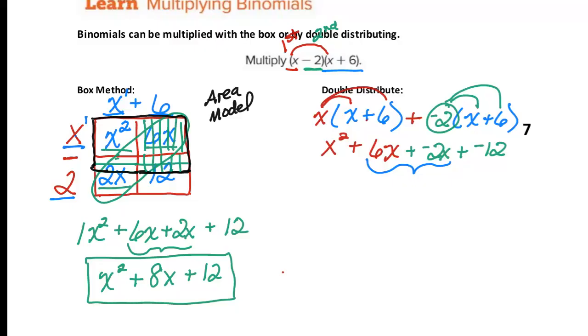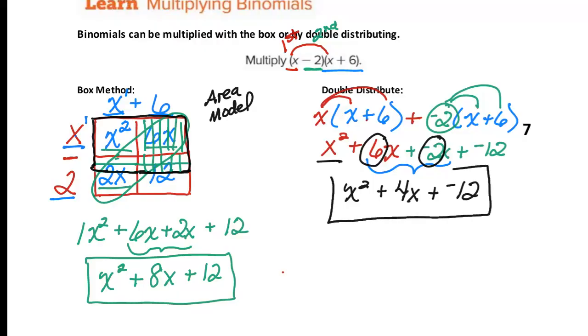So putting it together, I only have 1x squared. 6x plus -2, you combine your coefficients only. 6 and -2 is 4x, and plus a -12. That is called the double distributive method. Sometimes we call it the FOIL method.